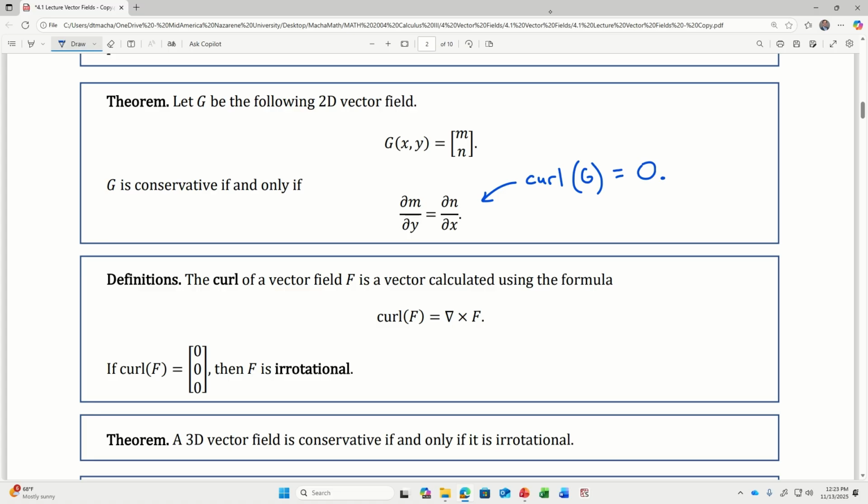Curl is calculated using this formula where you take the gradient operator and do a cross product with the vector field. Whenever I say the gradient operator, I'm talking about a vector where each entry is like a partial derivative operator.